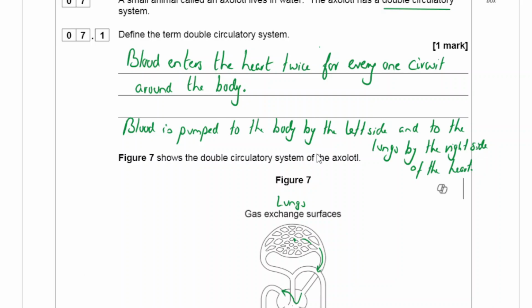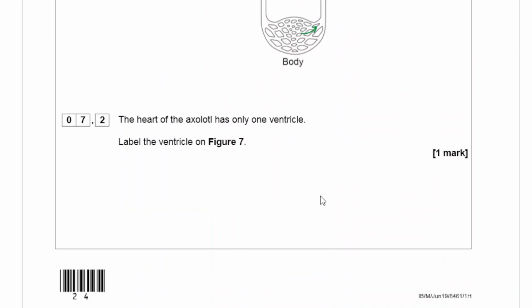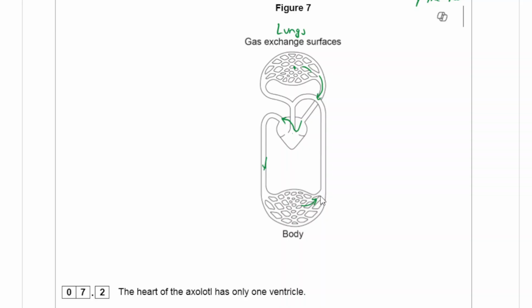Right. So let's have a look at the question. The heart of the axolotl has only one ventricle. Label the ventricle on figure 7. Now, the ventricle is the bottom bit.